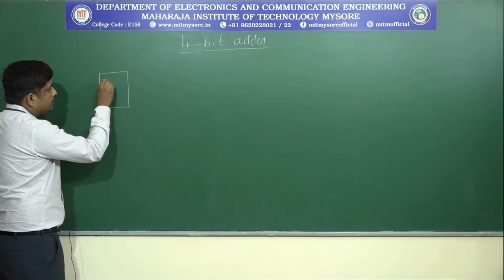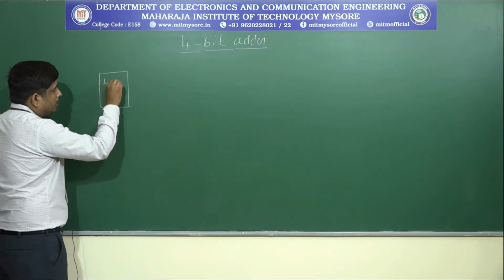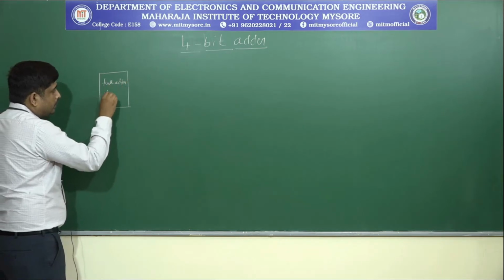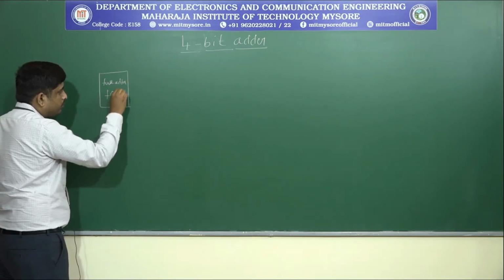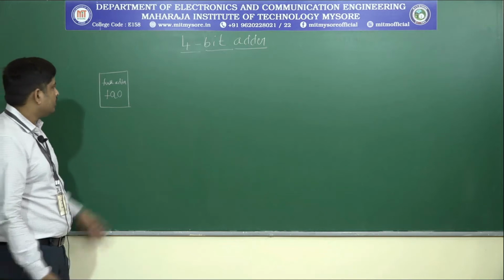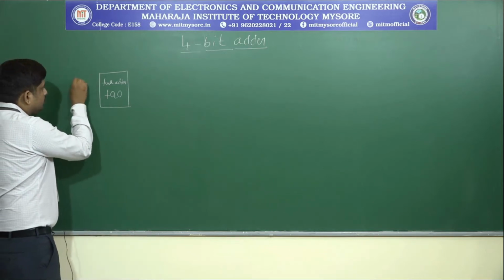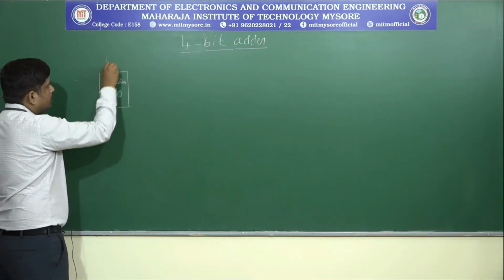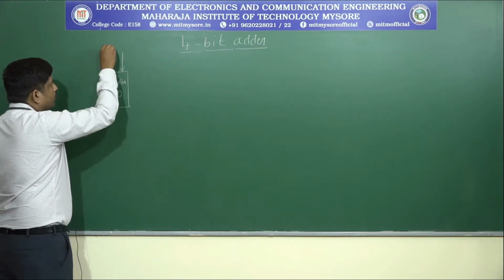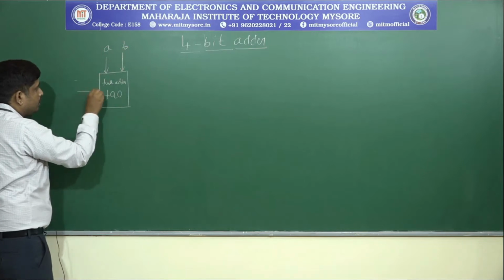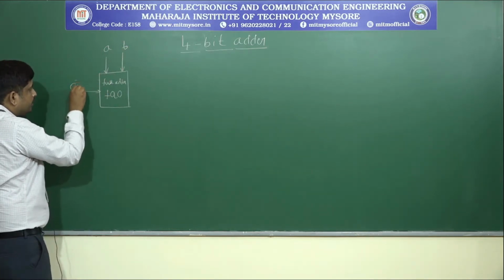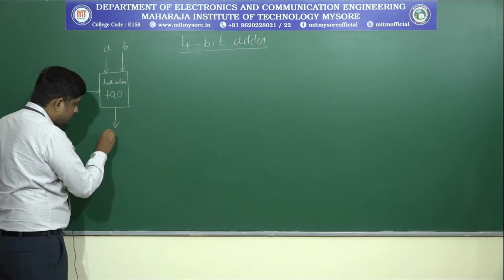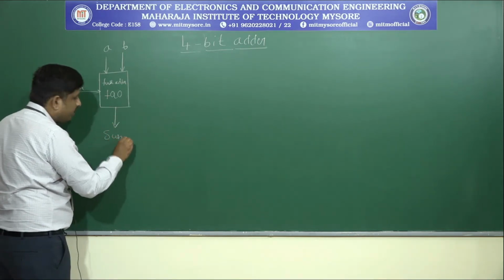So this is a full adder. The instantiation name is FA0. In the full adder circuit there are two inputs, then one more input, that is carry, and it produces a sum.